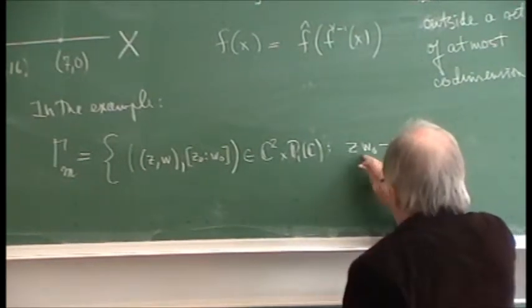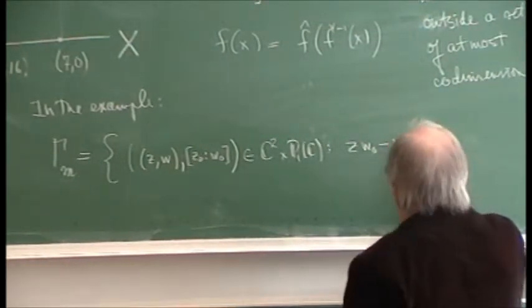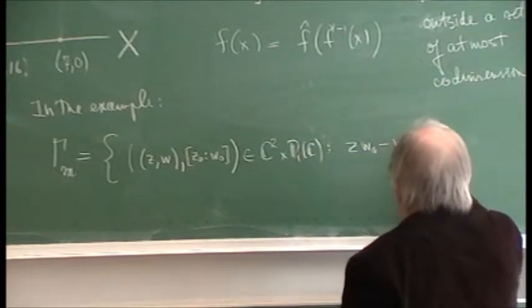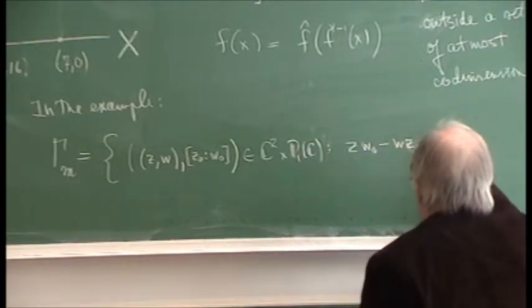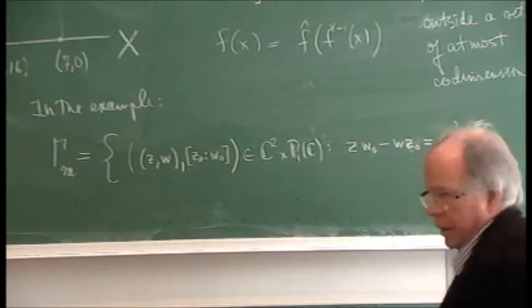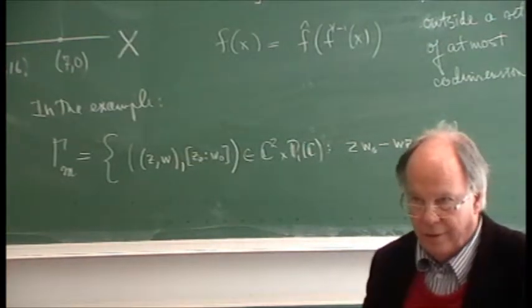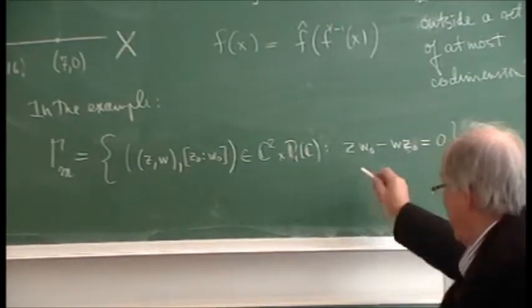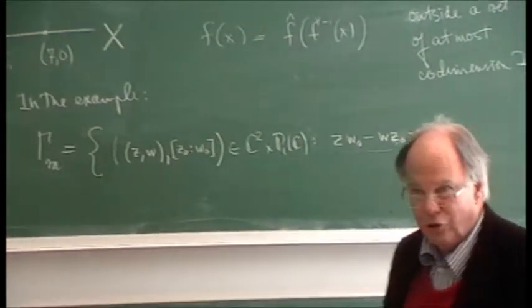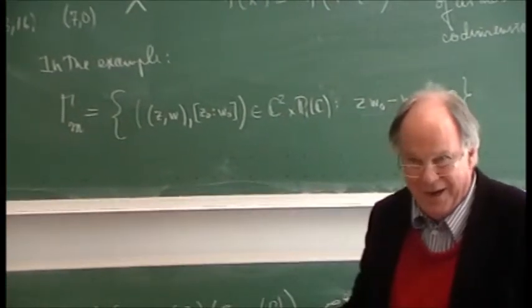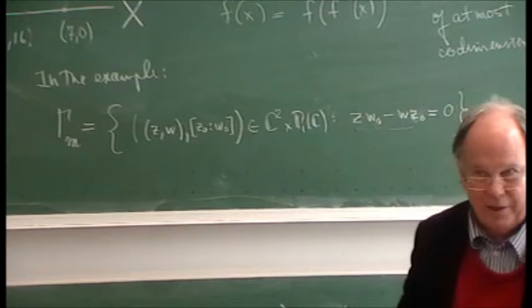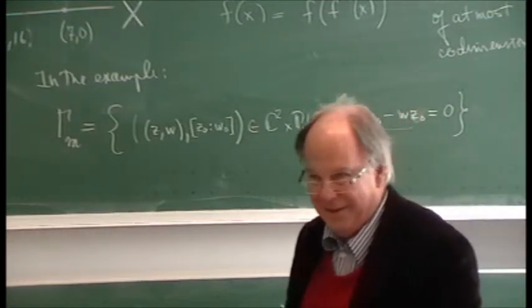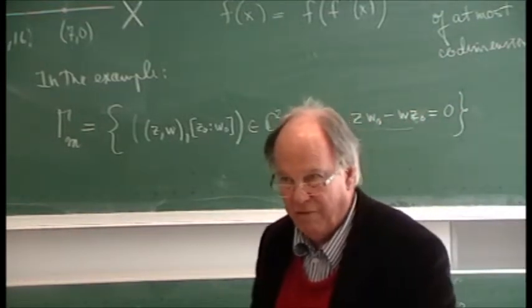Yeah, okay, Z W0 plus W Z0, this is not too bad, equals 0. I've just written down the equation. Now, come on. This equation is the most stupid equation you could think of. Right? I mean, it's a quadratic equation. Right? It's the most simple-minded quadratic you can think of.